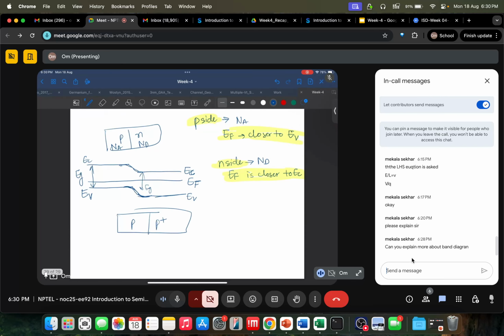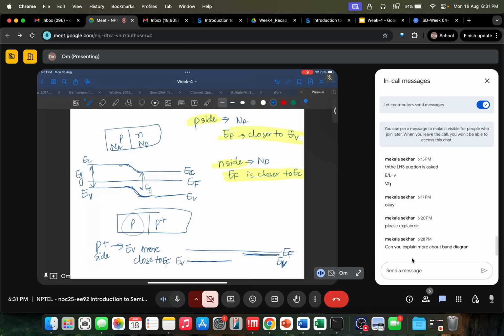it's also simple, right? First I'll draw EF as constant. Now here this is also P, this is also P, but this P plus is more P. So on the P plus side, EV will be more close to EF compared to this side. Here EV will still be close, but comparatively less.